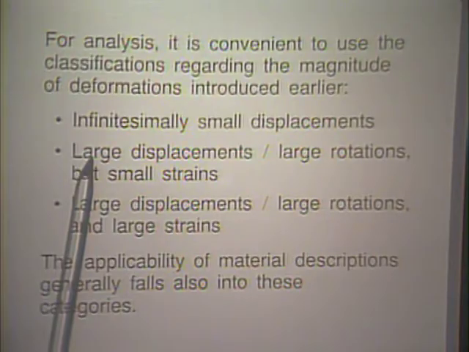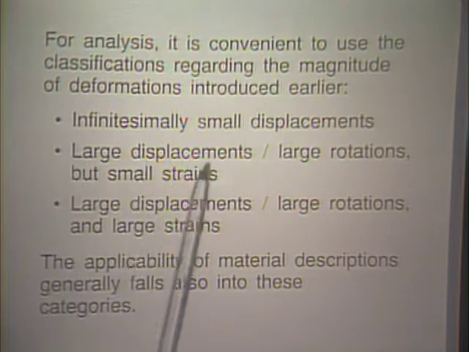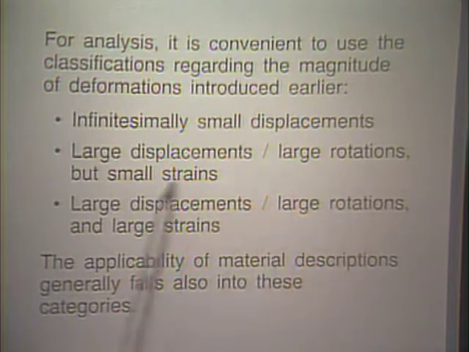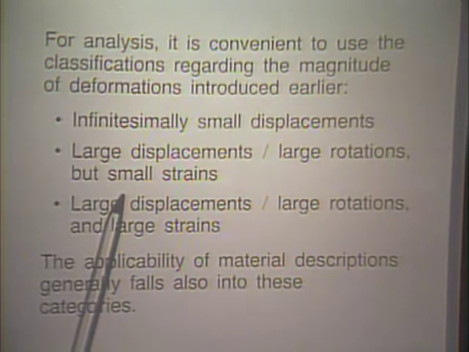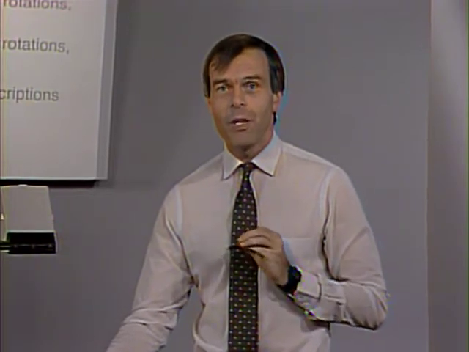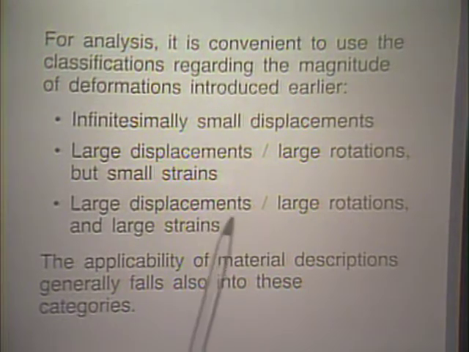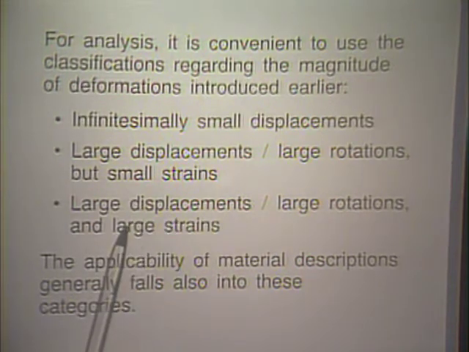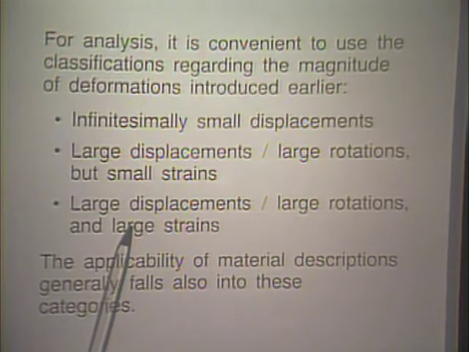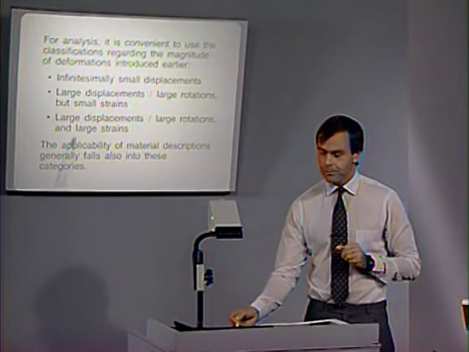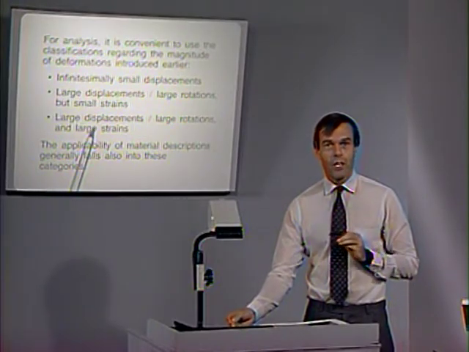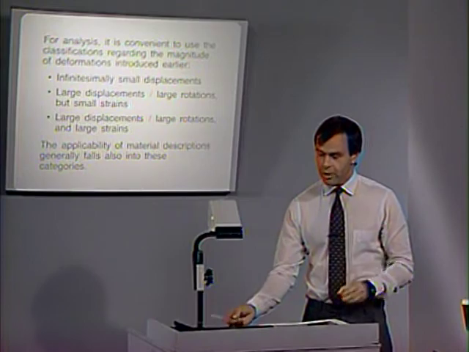We may use a formulation that takes into account large displacements, large rotations, but only small strains. This, for example, would be a total Lagrangian formulation. And we have also formulations that take into account large displacements, large rotations, and large strains. And here we use, once again, the total Lagrangian formulation or an updated Lagrangian formulation. We discussed these formulations, of course, in the earlier lectures.